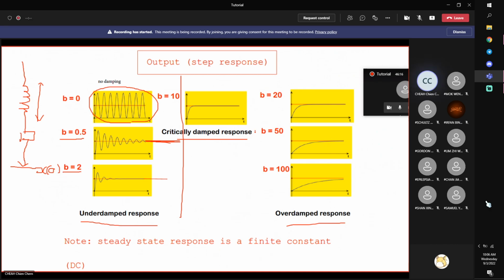Critically damped is actually a certain boundary where your overshoot oscillation just disappears. The moment when it just disappears is called critically damped. After that, it will be slower and slower, which is called overdamped. Now notice over here that this means your natural response all goes to 0.